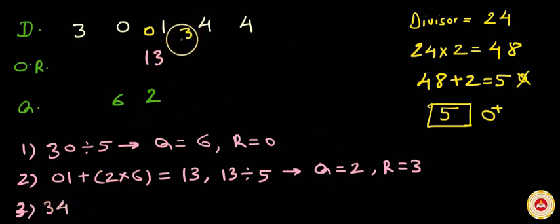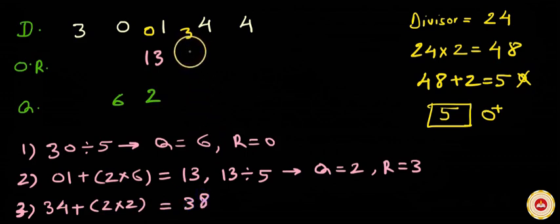See, this 34 I have written here, plus 2 times last quotient digit, which is 2, which gives us 34 plus 4, 38, and this 38 is second osculation number.